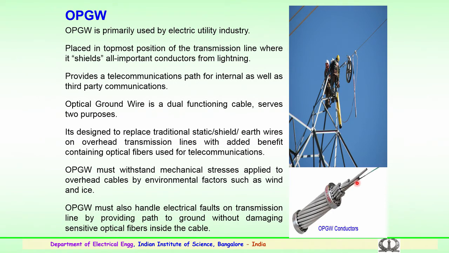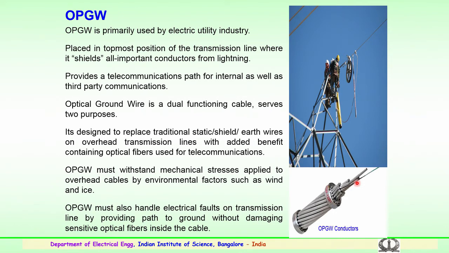Apart from these mechanical and environmental stresses, the optical ground wire must also be able to handle electrical faults which the network could see on the transmission line.